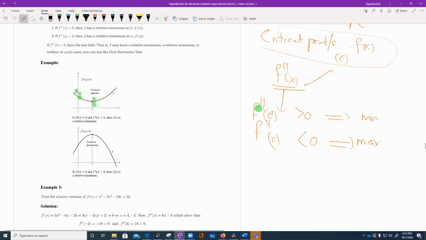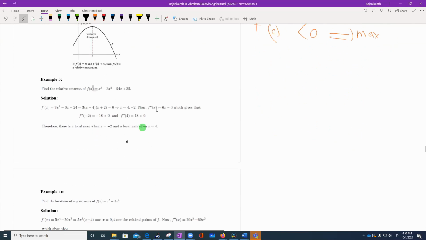That is why checking that the second derivative is positive is enough to get a relative min. Vice versa for the relative max: you have to have a concave downward trend. That means your second derivative should be negative at that point. Makes sense, right?